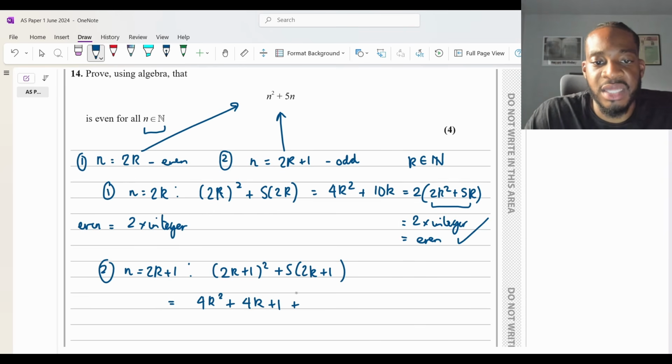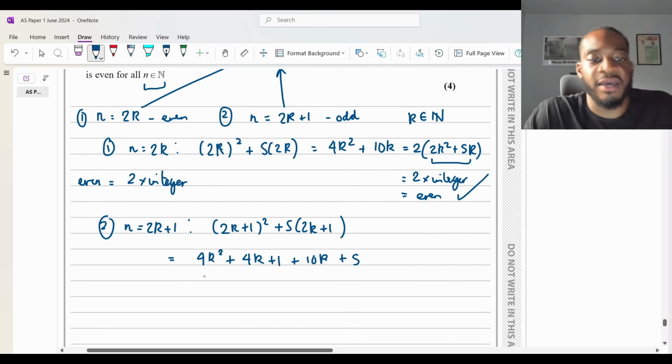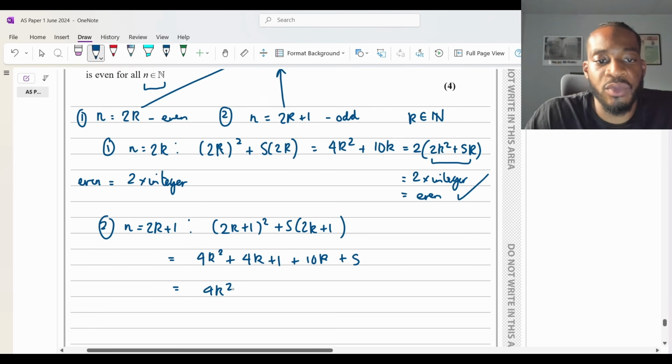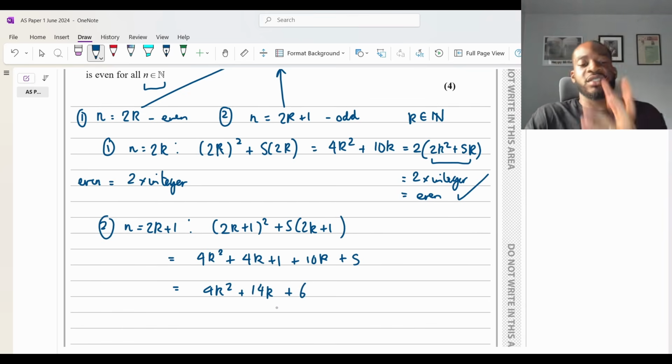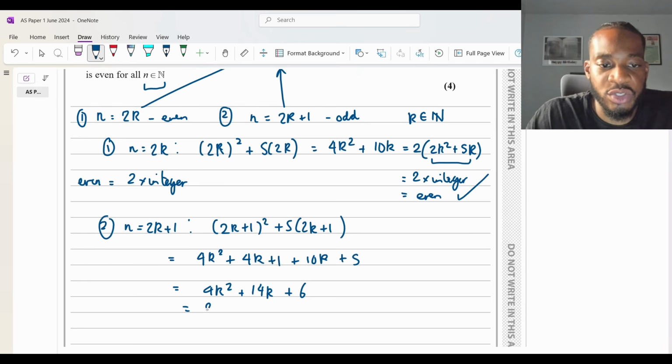And then plus, that's going to be 10k. That's going to be 5. Now, what do we get here? So 4k squared. We've got a 4k plus a 10k, which is 14k. And then we've got 1 plus 5, which is 6. Now, is this even? Absolutely. Let's take out a 2. We can.